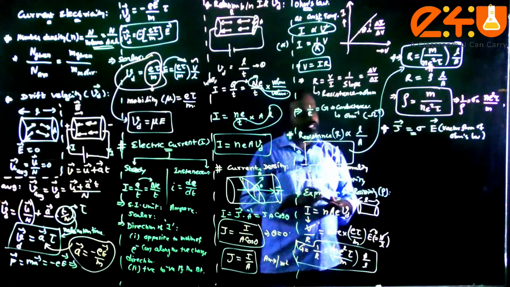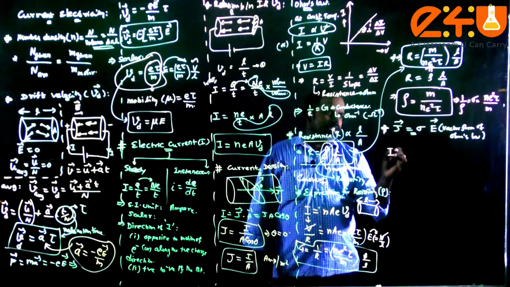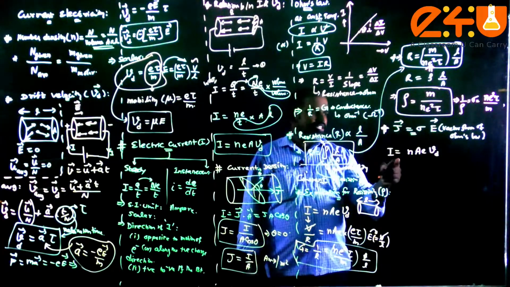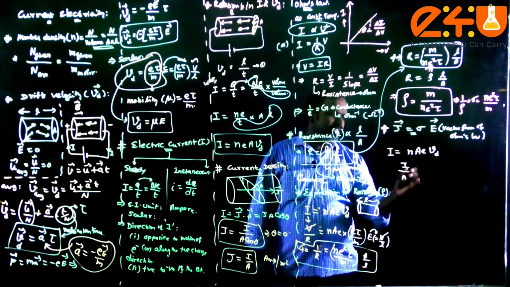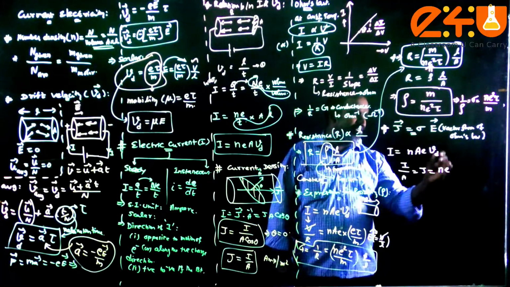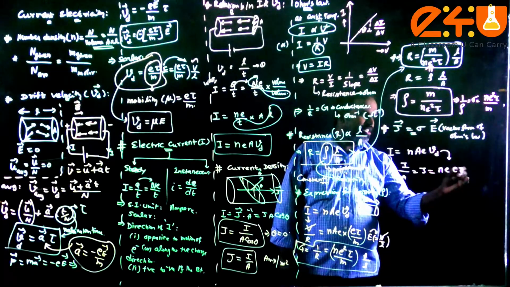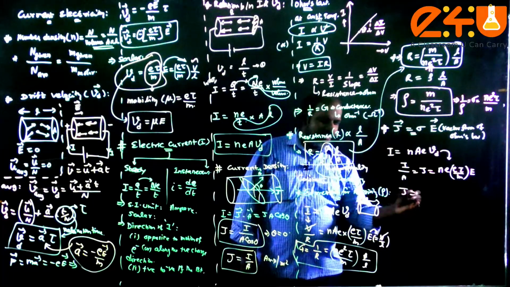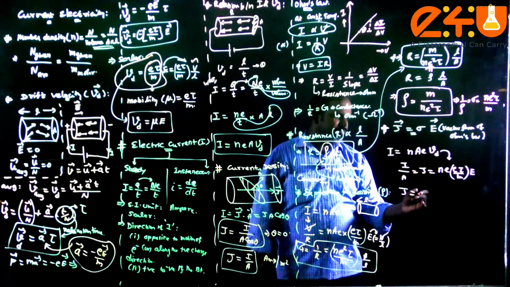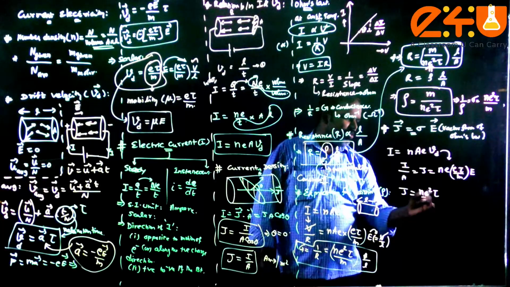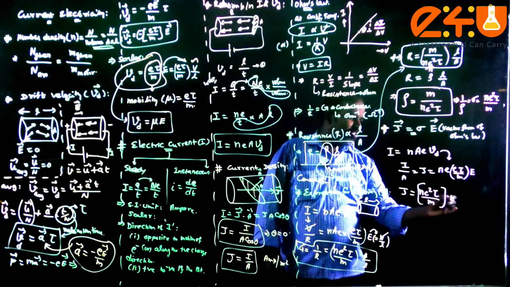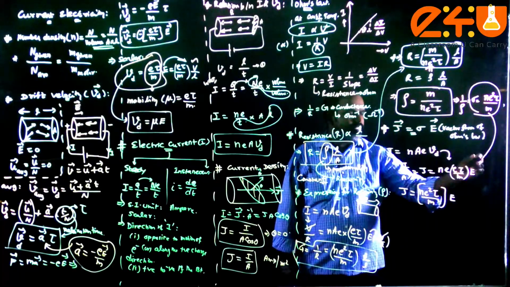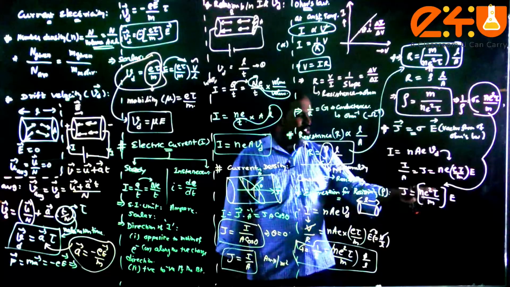So how to derive this expression? We know that I is equal to N A e v_d. Now I by A is nothing but J, which is equal to N e, and v_d can be written as e tau by m into E. Therefore J is equal to N e square tau divided by m, into E. Just now we said that conductivity is N e square tau by m.